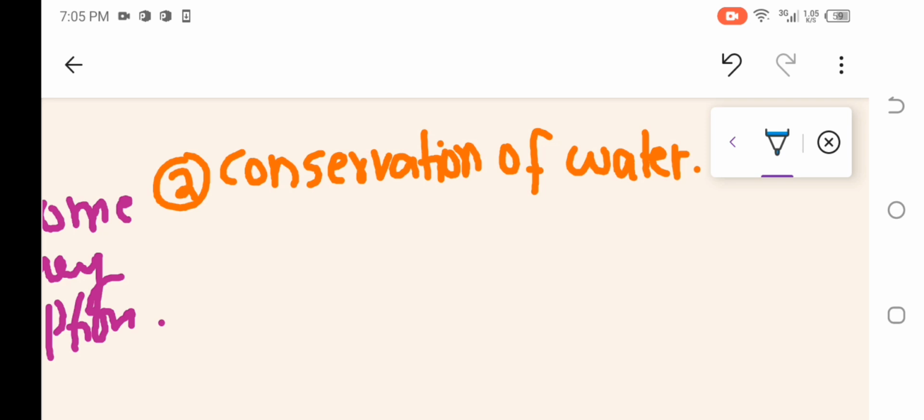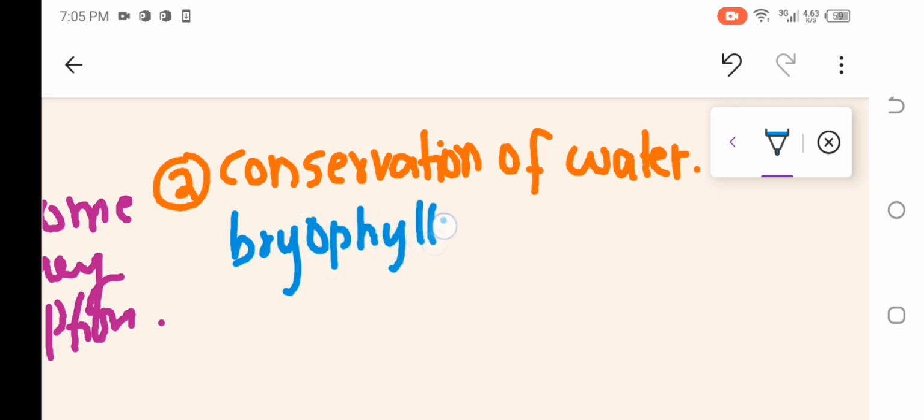Now remember, all bryophytes contain the thallus. The thallus is multi-layered with a very small surface directly exposed, which reduces the drying effects.